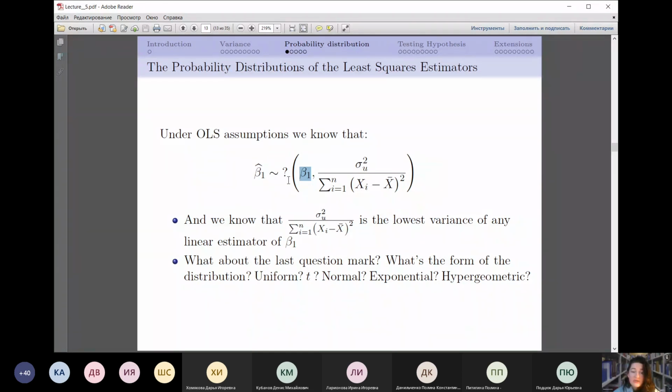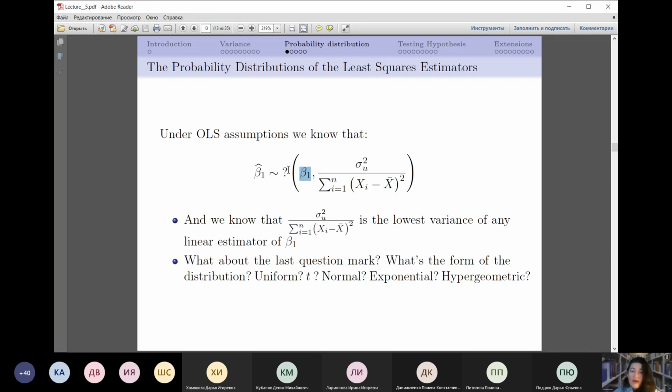The last question that we need to define before we test any hypothesis and construct any confidence intervals is what distribution beta 1 has. So we need to know something about this question mark.